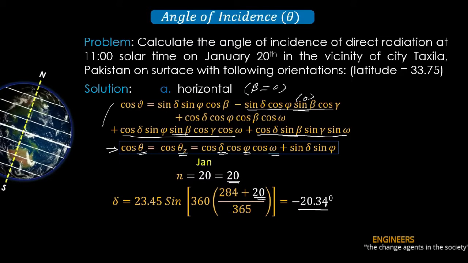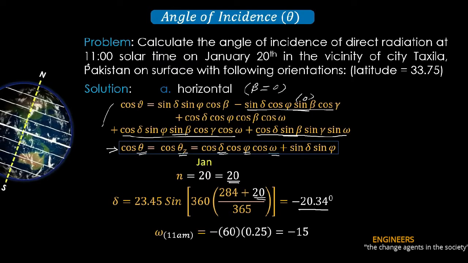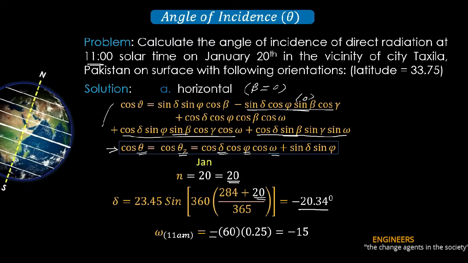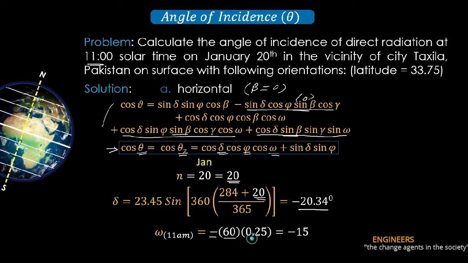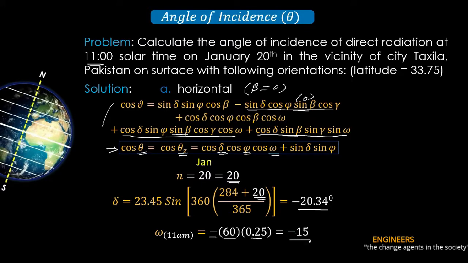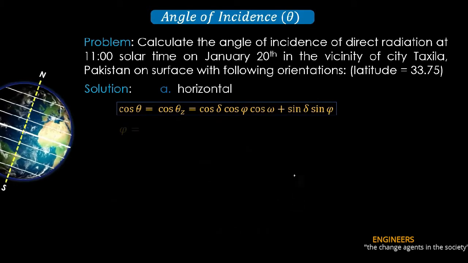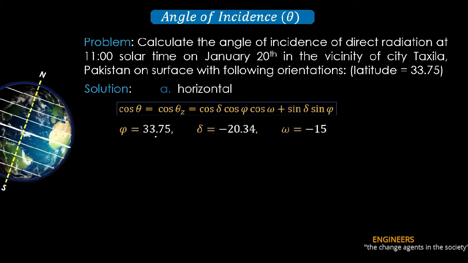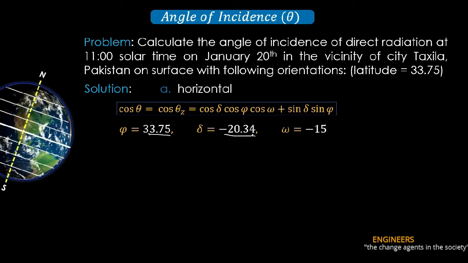Now to calculate the hour angle for 11 am, since it is am, we would be using the negative sign, and between 12 to 11 there are 60 minutes, multiplied with 0.25, so the value of omega would be minus 15. Now we have the latitude, that is 33.75, the declination, that is minus 20.34, and omega, that is minus 15.